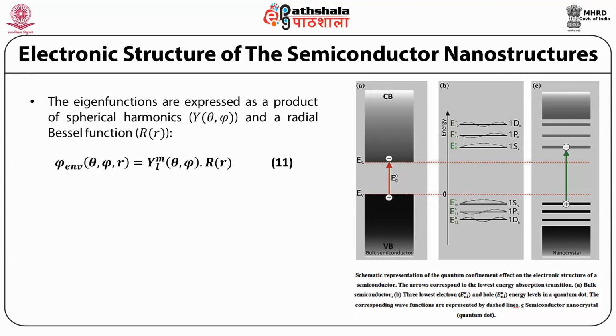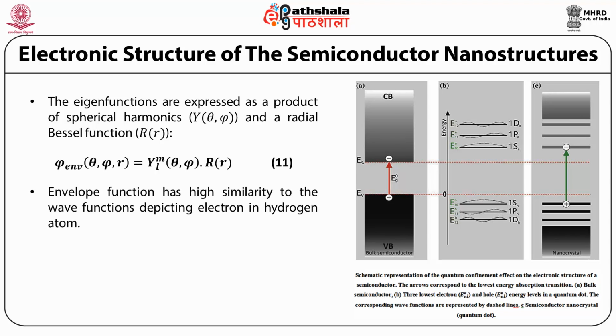So the eigenfunctions are expressed as a product of spherical harmonics Y theta phi and a radial Bessel function of r. So phi envelope of r, theta, phi equals Y n l m of theta phi multiplied by a function of small r. So the envelope function has high similarity to the wave functions depicting the electron in the hydrogen atom.